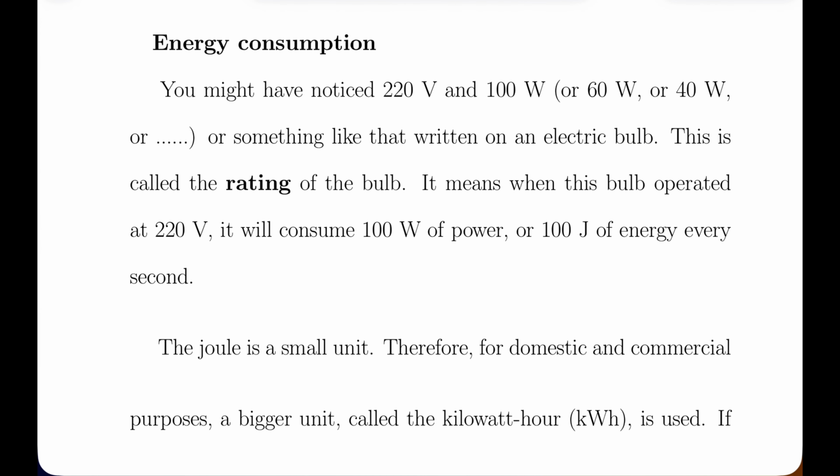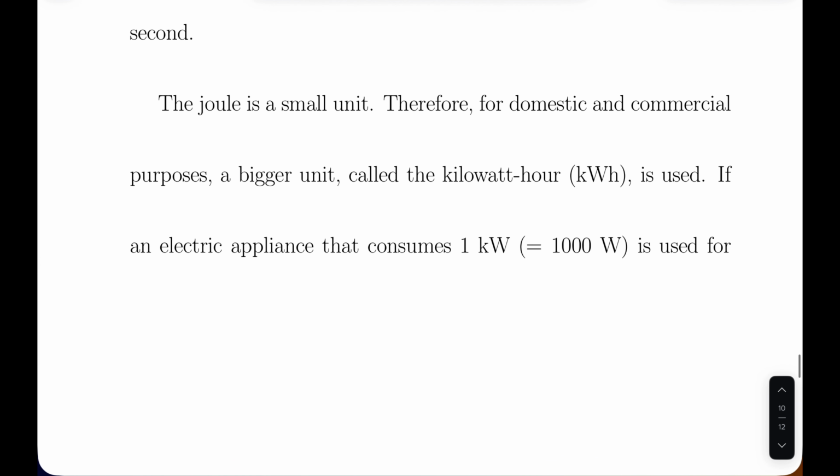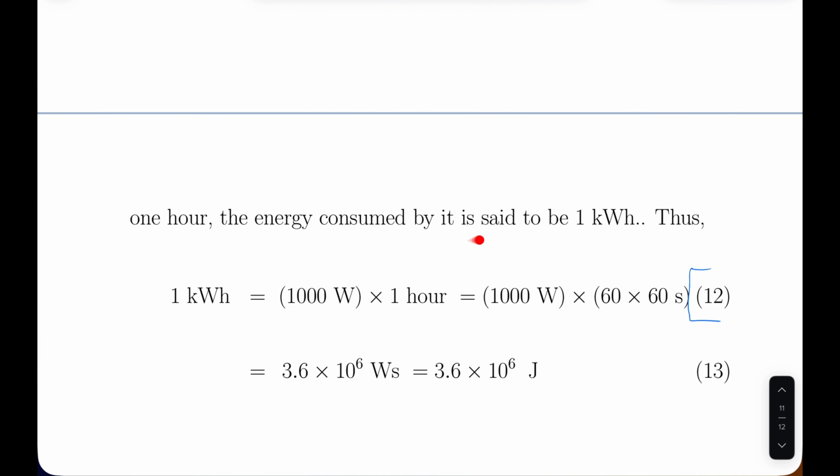The joule is a small unit. Therefore, for domestic and commercial purposes, a bigger unit called the kilowatt hour, kWh, is used. If an electrical appliance that consumes 1 kilowatt, that means 1000 watt, is used for 1 hour, the energy consumed is said to be 1 kilowatt hour.